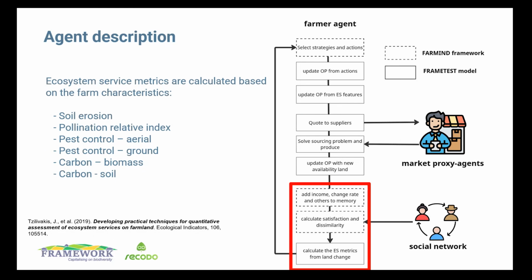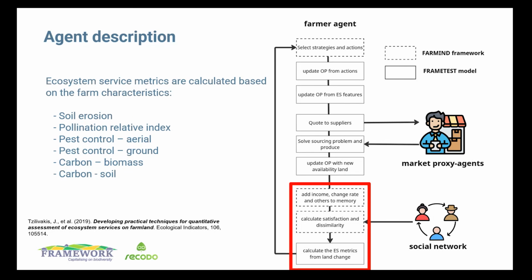And we finally account for all the life cycle impact emissions in this year, and also the ecosystem service metrics. For the ecosystem service metrics, we used a methodology developed by Silivakis, which offers a quantitative way of calculating metrics related to soil erosion, pollination, pest control, and carbon content, considering the farm characteristics.